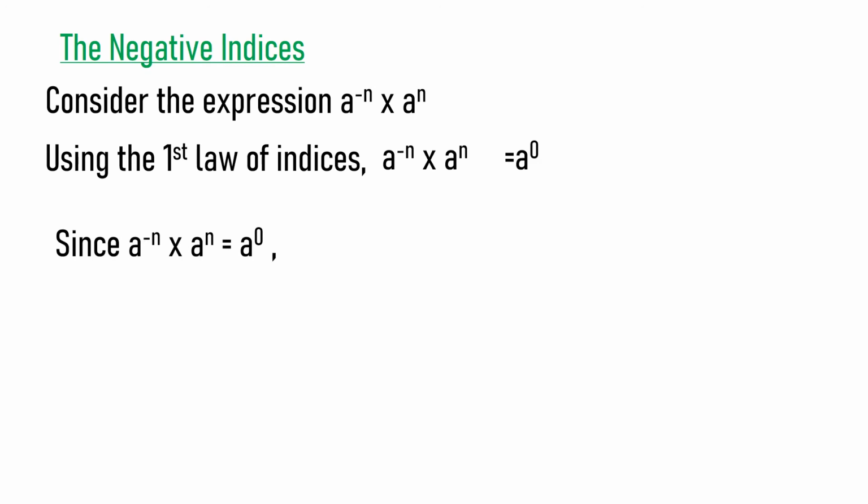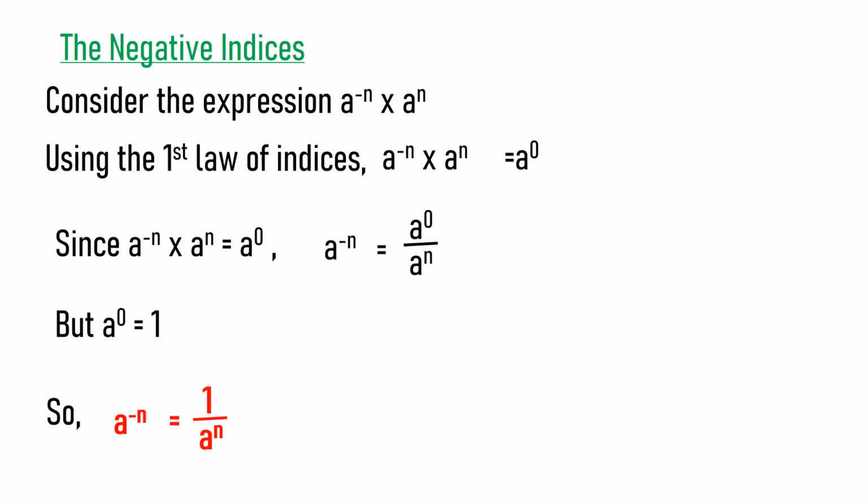Since a power negative n times a power n is equal to a power 0, making a power negative n the subject, it becomes a power negative n equals to a power 0 divided by a power n. But a power 0 is equal to 1. So a power negative n is equal to 1 over a power n. This is now what we call the negative index.